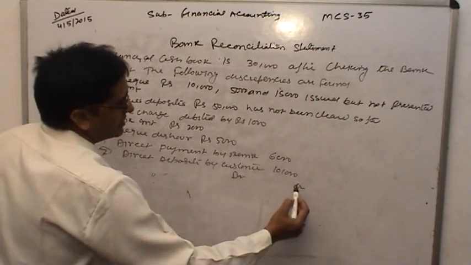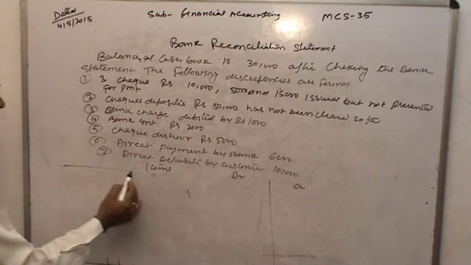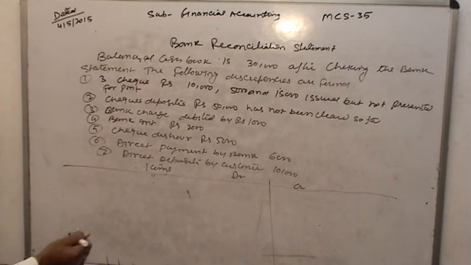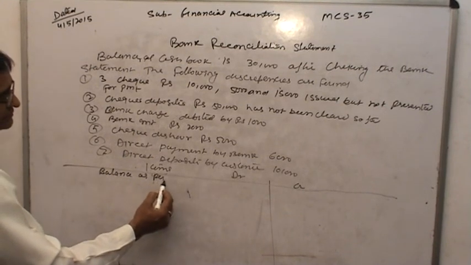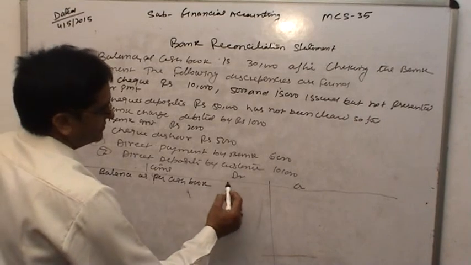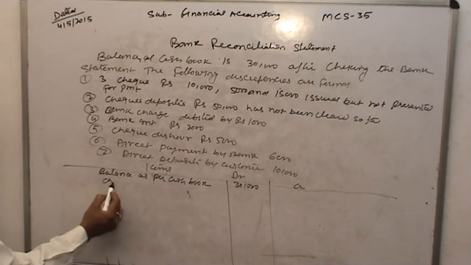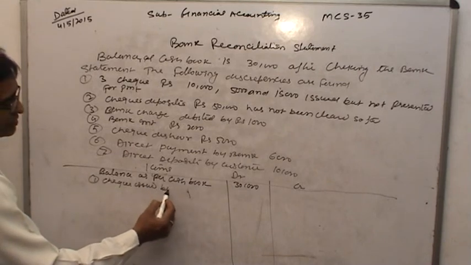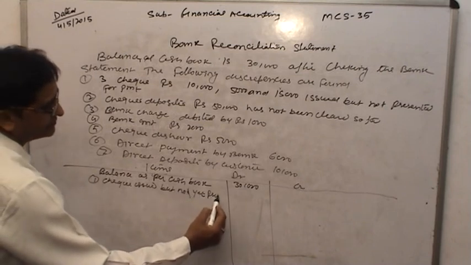Debit, credit, and then items. Balance as per cash book 30,000 in debit, then checks issued but not yet presented for payment.